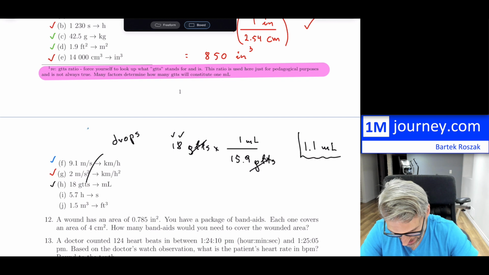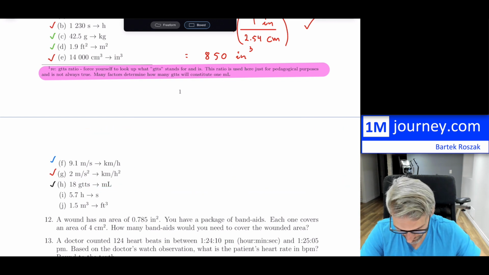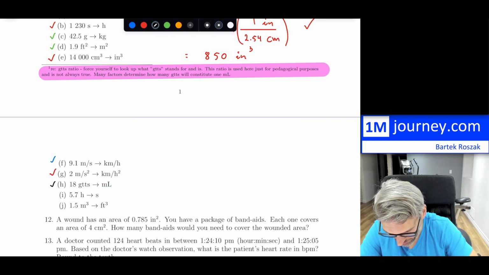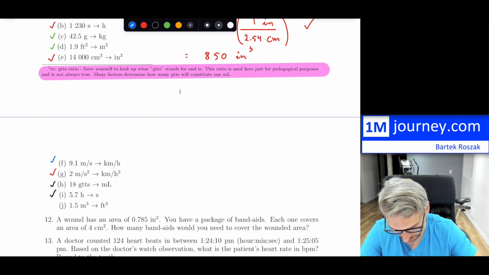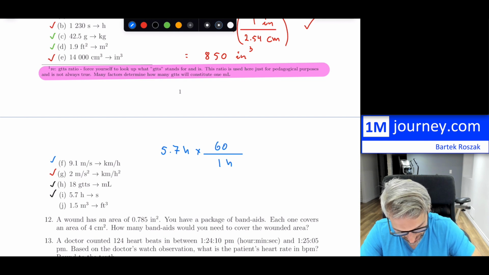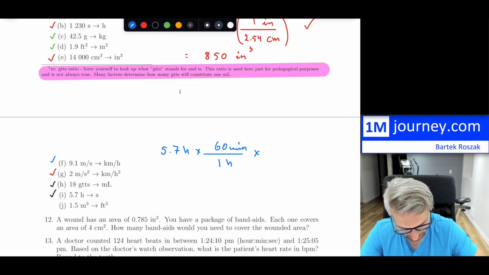So now next, let's see what happens. Now we have some time conversion. This forces you into time again. And these ones are not that difficult, I hope. So 5.7 hours, back into seconds. So now we're going in reverse. 1 hour, 60 minutes. And notice it's not squared or anything, so this one is much easier. So that cancels the hours.